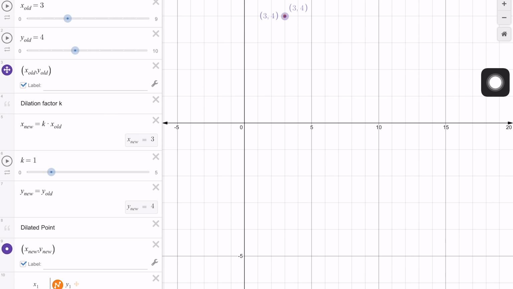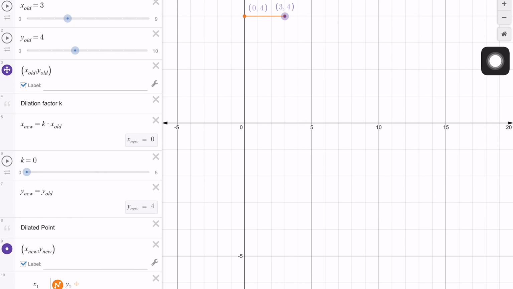And as I decrease k towards 0, the point gets closer and closer to the y-axis, and then as k reaches 0, we have the point 0,4, right? It's because k is 0 and 0 times x is 0. That's what we get. We sit on the y-axis when k is 0.